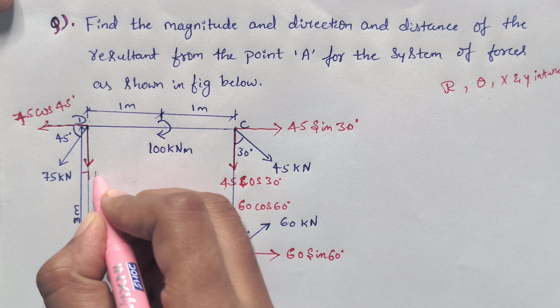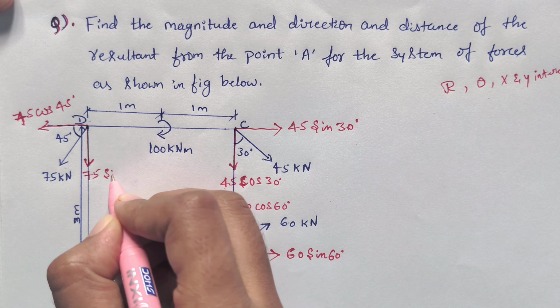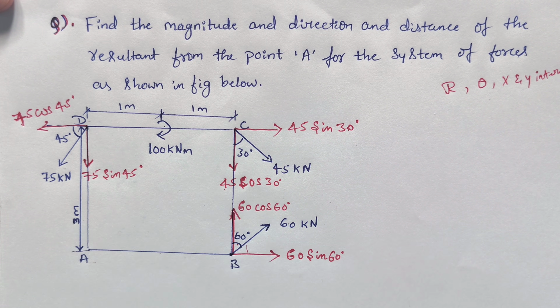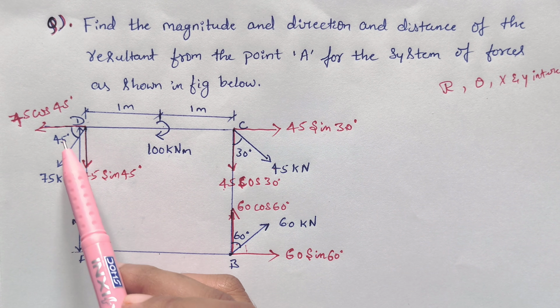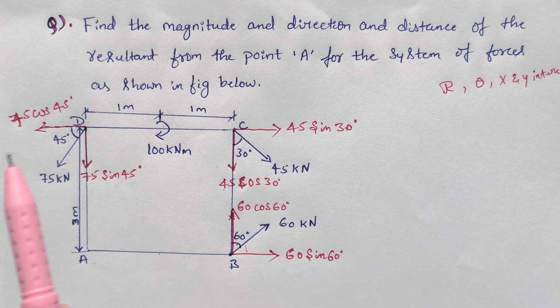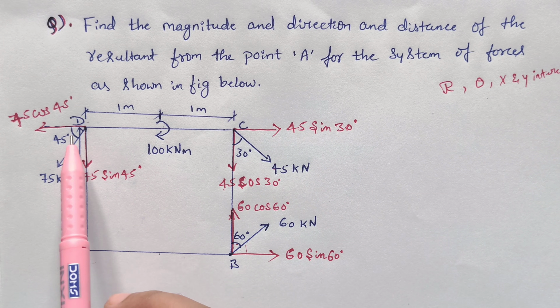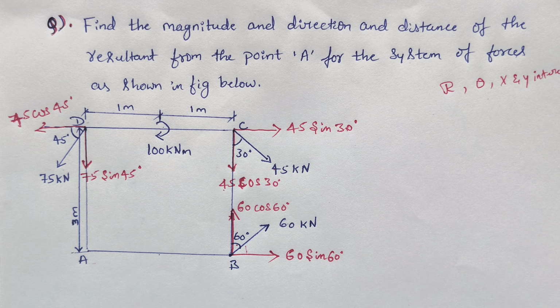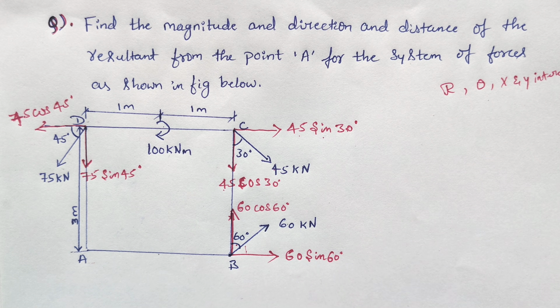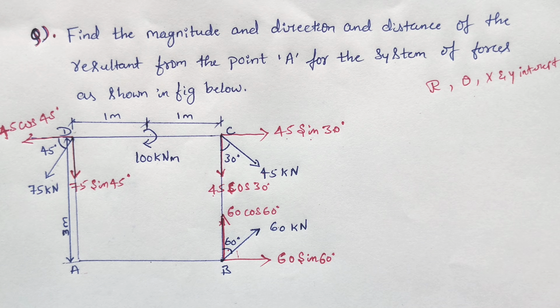Vertical will be 75 sine 45 degree. Understood the difference? Here the angle is making with respect to x-axis, then the horizontal component will be cos. If the angle is making with respect to y-axis, then the horizontal component will be sine. So now our first step is to calculate the horizontal and vertical component.